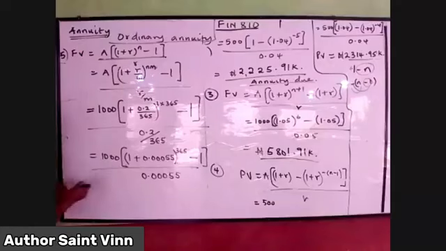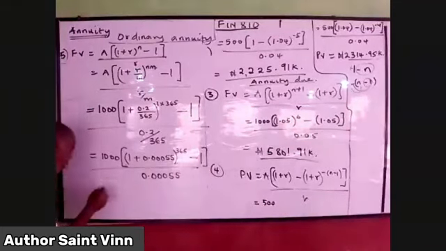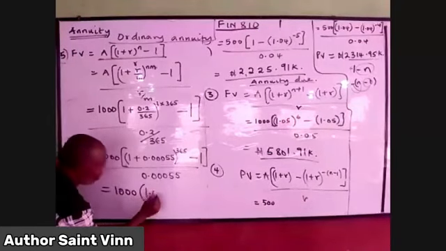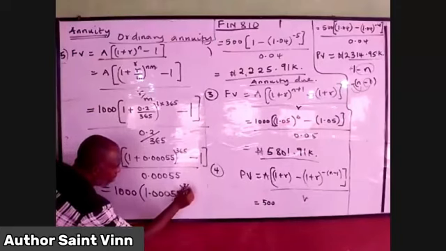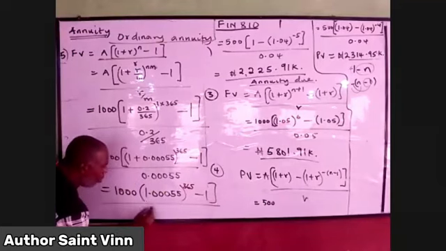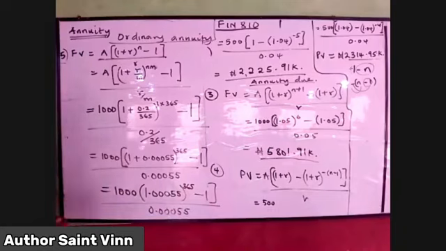Okay. Now look at it. From all indication, here will be 1,000, 1.00055 all raised to power 365 minus 1 all over 0.00055.